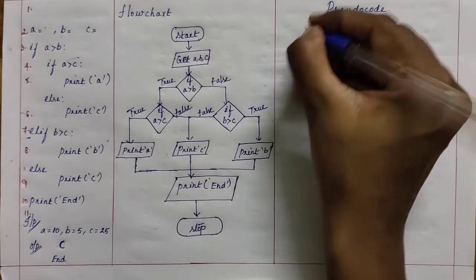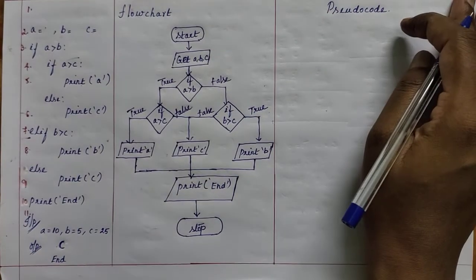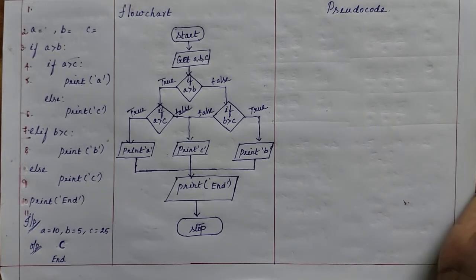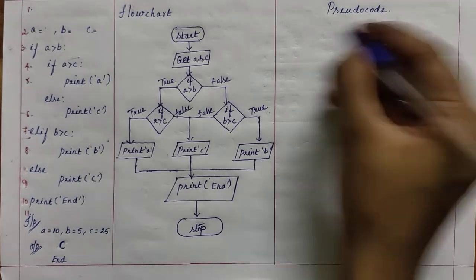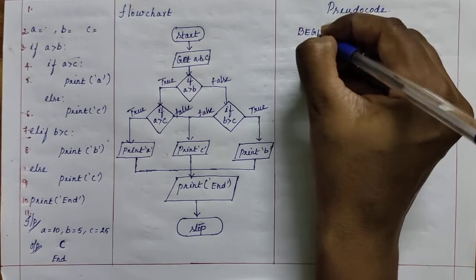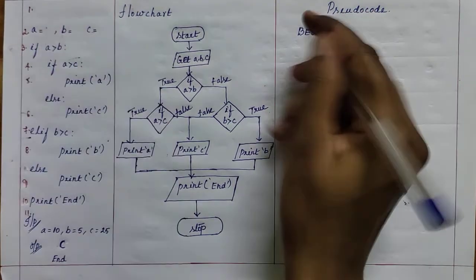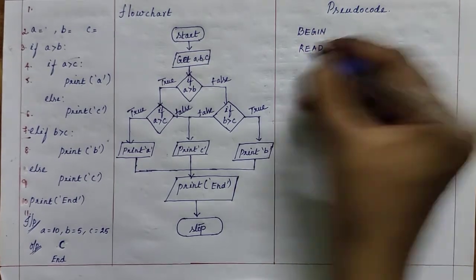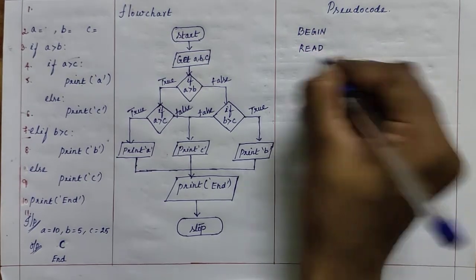In pseudocode we have to know about the keywords, and the keywords must be capitalized. The first one is BEGIN. The second step is READ; you can use read, get or input.